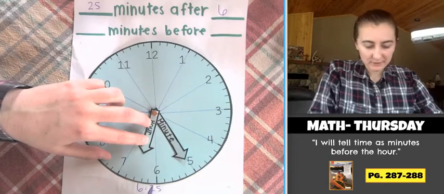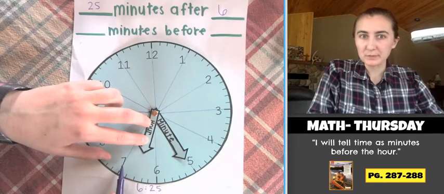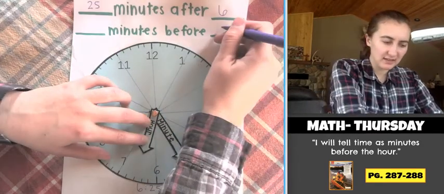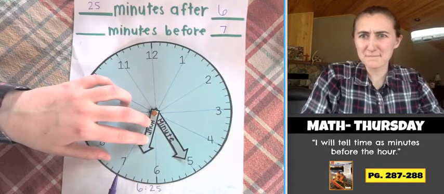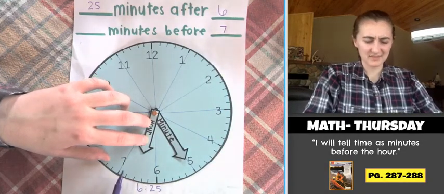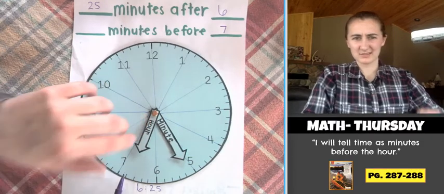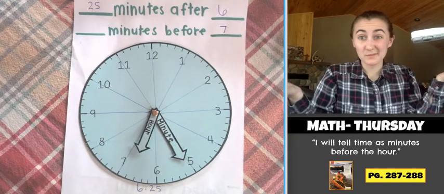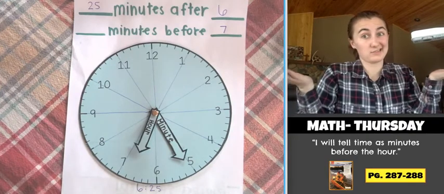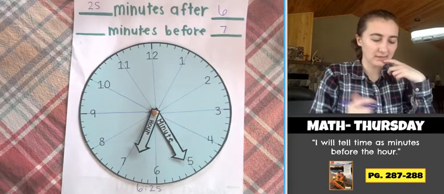The next one around the clock, which would be the 7. But how many minutes is that before 7 o'clock? Is it 25 minutes before 7 o'clock? That might be what you're thinking.